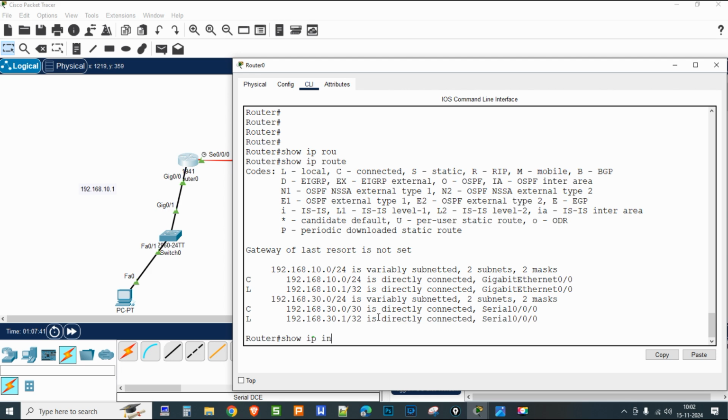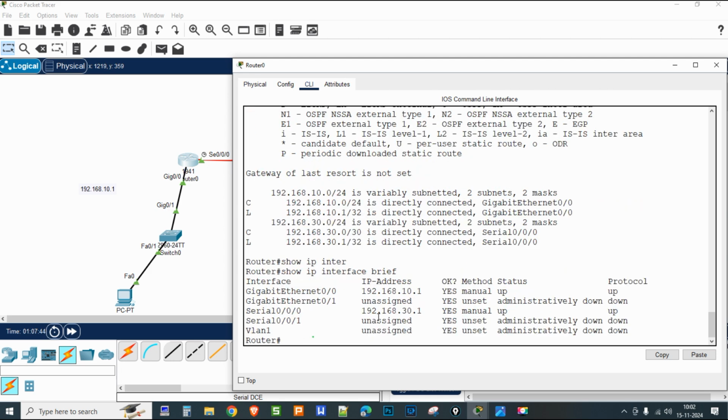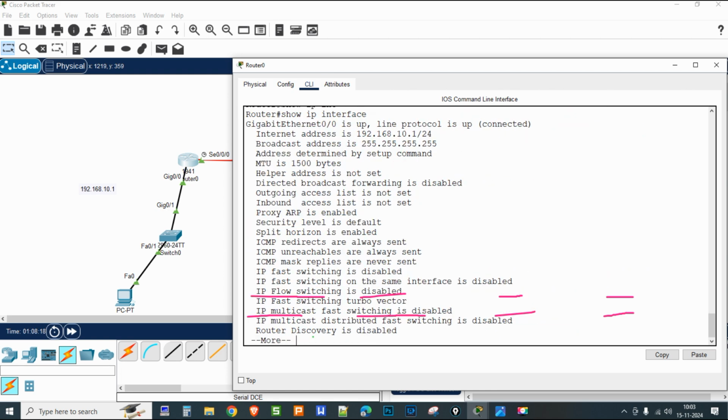Next. So show IP interface brief. Here you can see gigabit Ethernet interface 0/0, then IP address is 10.1, then status is up, protocol is up. Likewise, serial interface 0/0, 192.168.30.1, then status up, then protocol up. So show IP interface, it can show detailed information.